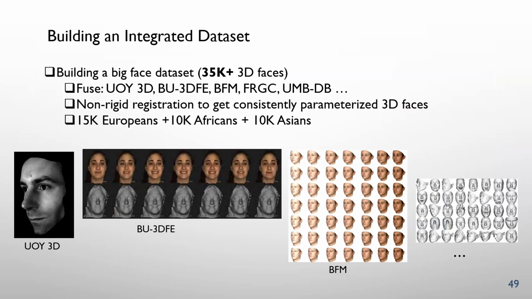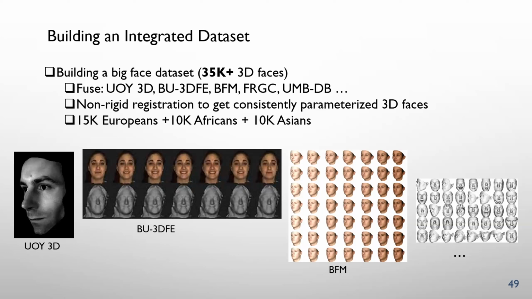To support this training, we integrate multiple face databases from the internet. We built a big, consistently parameterized face database. So this database will have a 3D face together with its 2D pictures. We collect all these publicly available 3D face data sets, each of which contains a few thousand 3D faces.